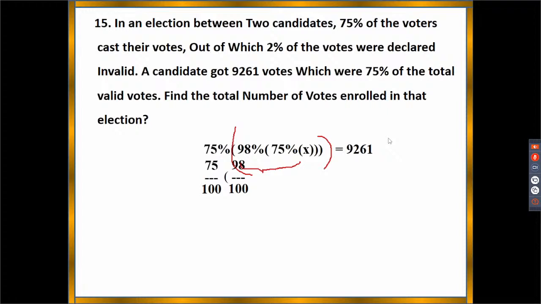So 75% means 75 by 100, 98 by 100, 75% of X is equal to 9,261. Go with your own calculation, no problem. Do it fast, we have to find the X value.